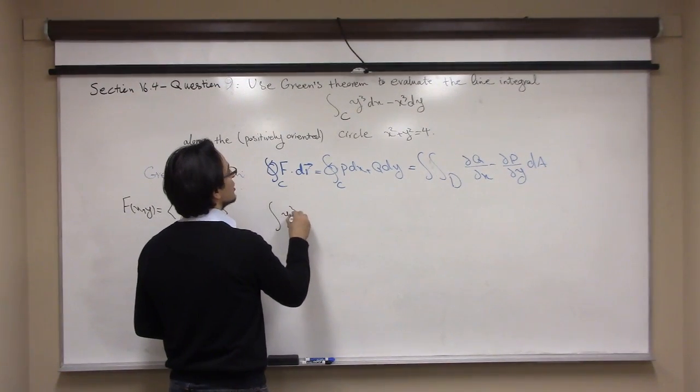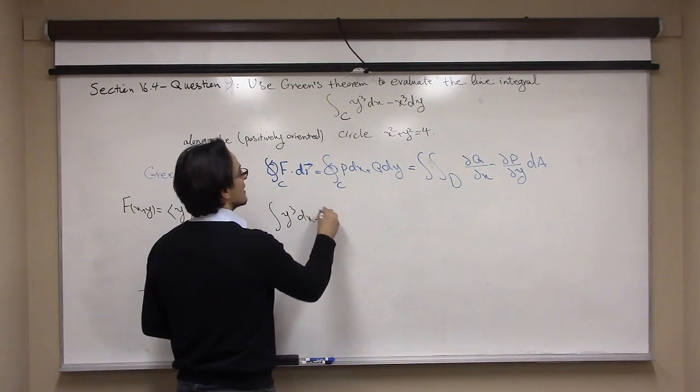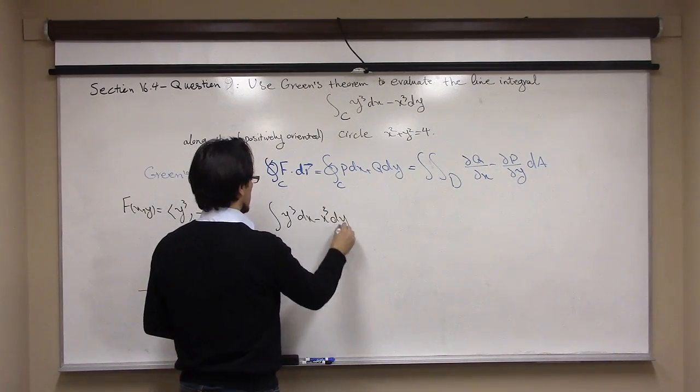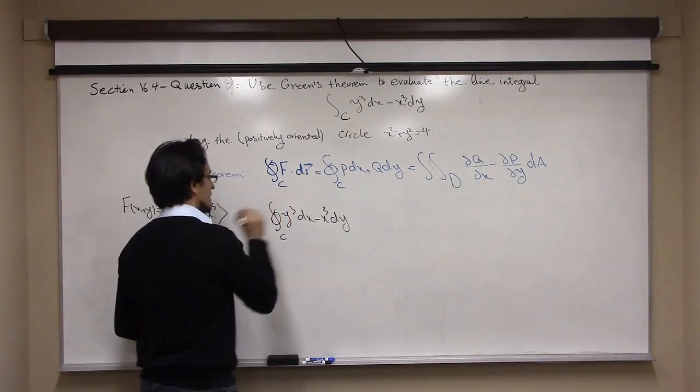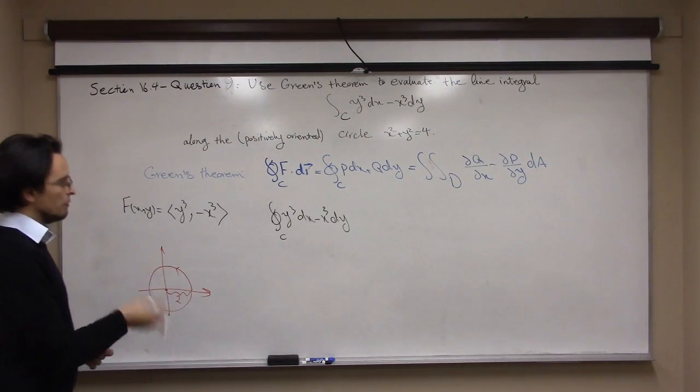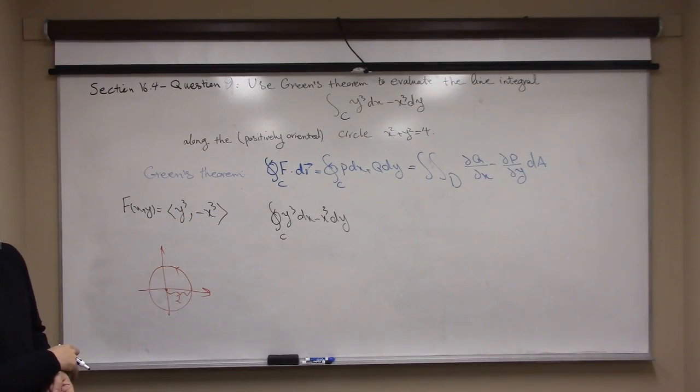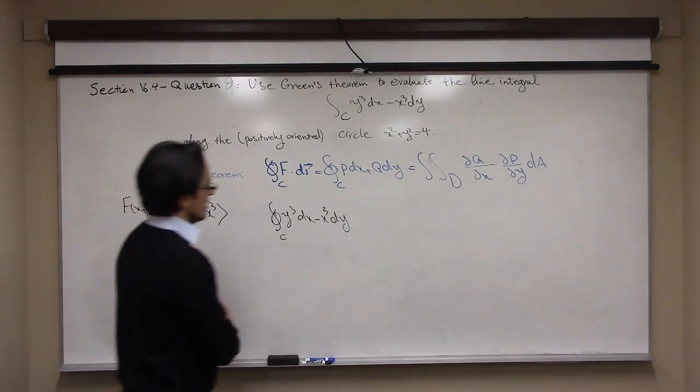The integral of y cubed dx minus x cubed dy over C, and I know that C is closed, simple, and positively oriented.